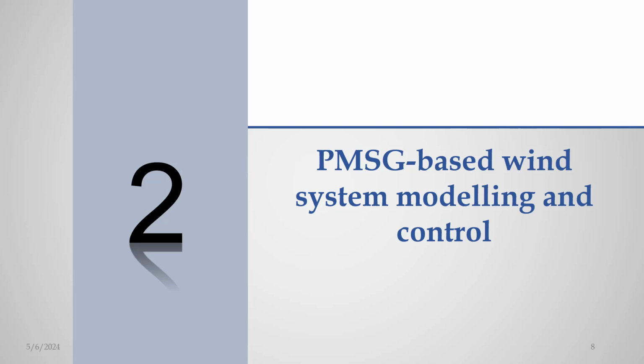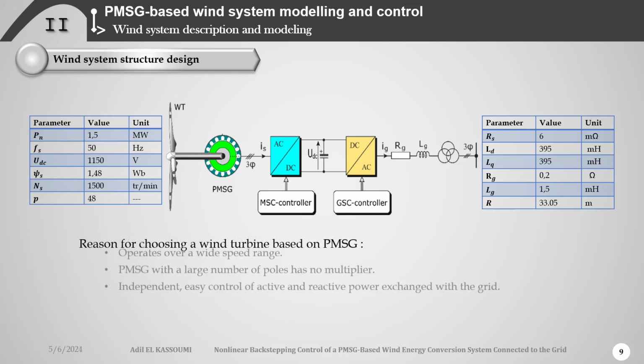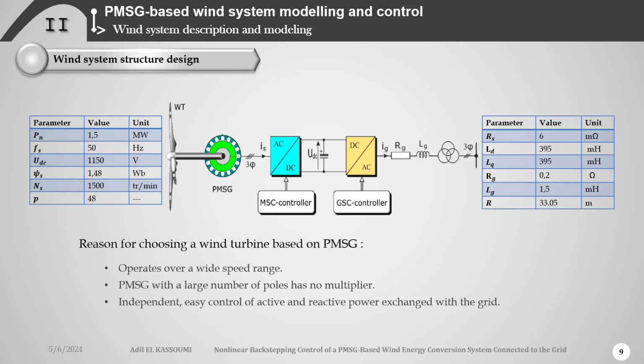Before we start elaborating the control strategy, we will briefly introduce the PMSG-based wind turbine system model. In this slide, we have adopted the structure of wind turbines based on the permanent magnet synchronous machine because of the following advantages.